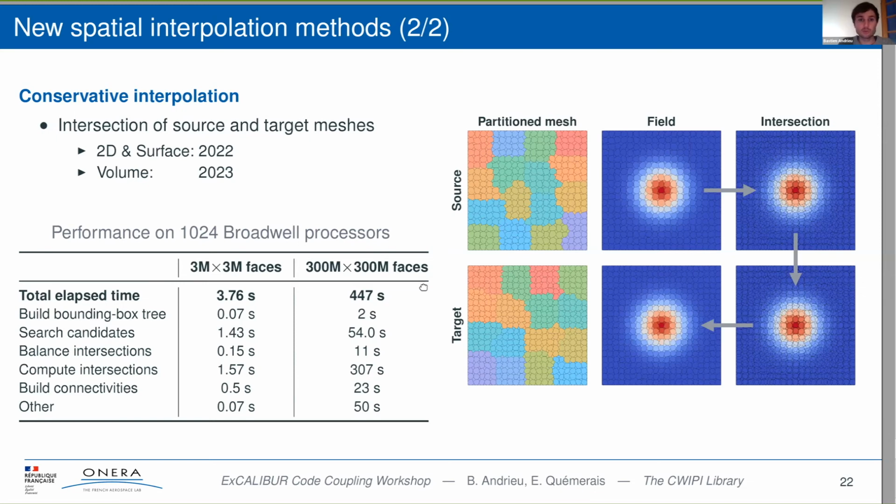We also intend to develop a fully 3D volume version. Here are 2 examples with 3 million faces on both sides, or 300 million faces on both sides. And we can see that, again, load balancing does not induce a large overhead, and it enables a great improvement of performance.